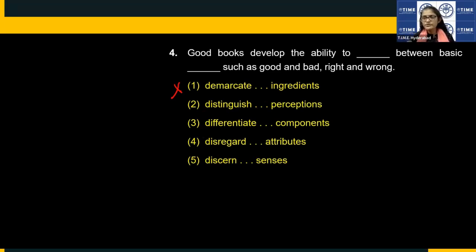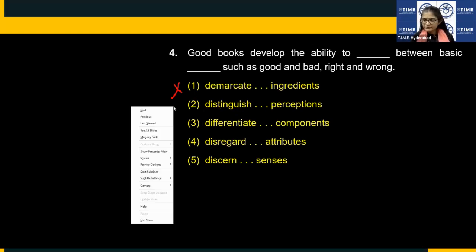And you normally talk of demarcating boundaries, etc. Fine. Develop the ability to distinguish between basic perceptions such as good and bad. Yes, absolutely. Good and bad, right and wrong, these are ways we perceive things, and distinguish is the right word there. So this is fine, right?